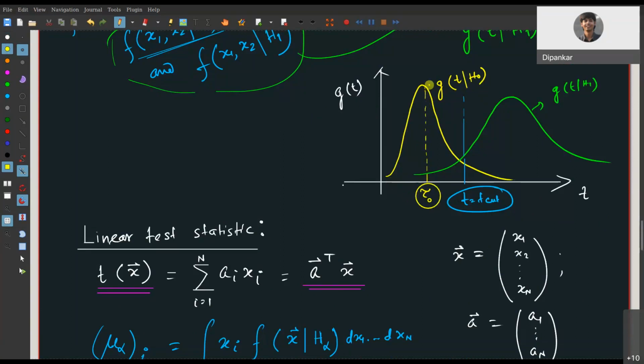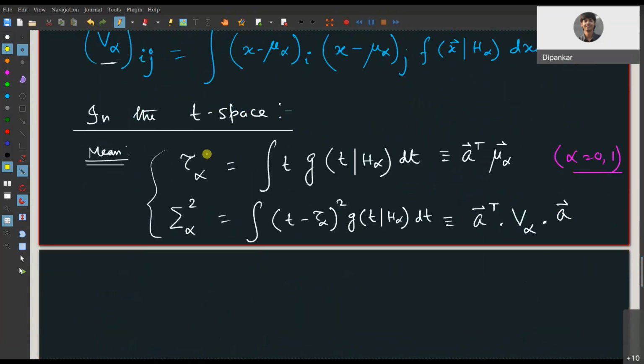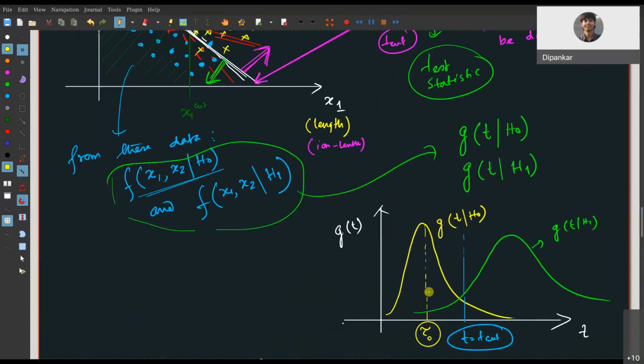This is the mean of the g of t given H0 distribution, right? According to my definition here, this tau alpha, which is this tau 0, is over there. And this tau 1, similarly, is over here.